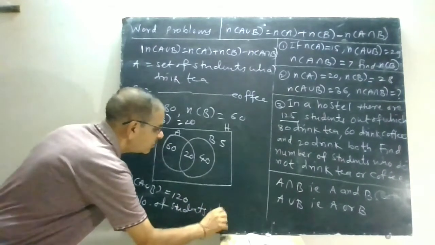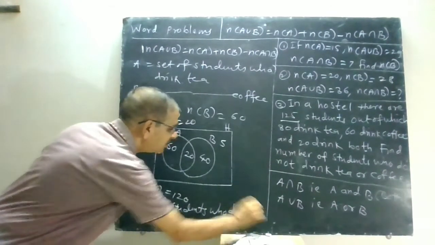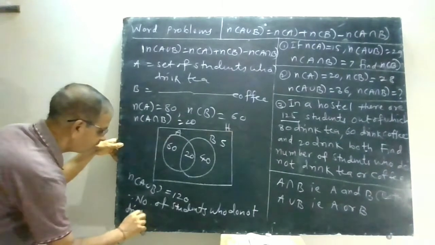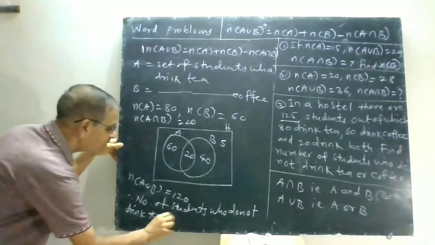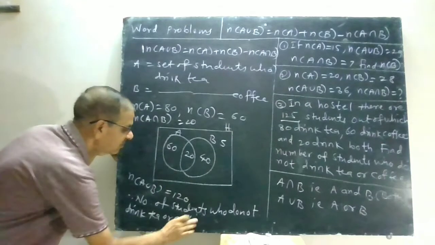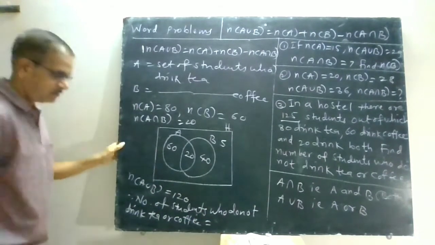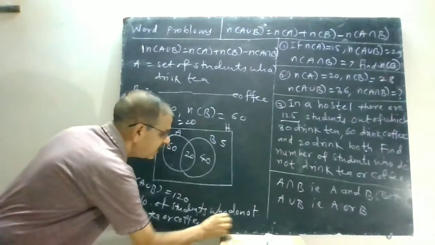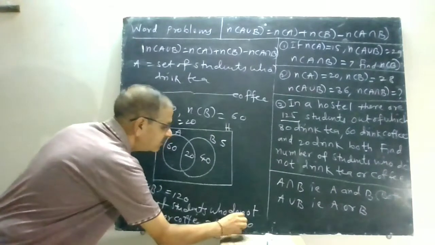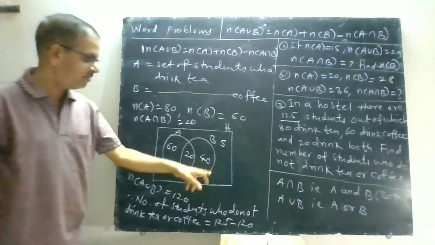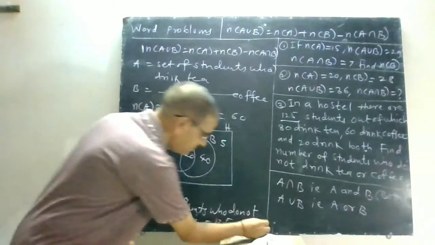who do not drink tea or coffee, that is equal to number of students in the hostel minus the students who drink either tea or coffee, that is equal to 5.